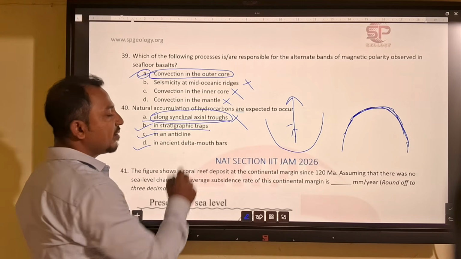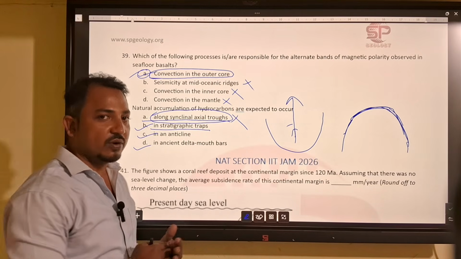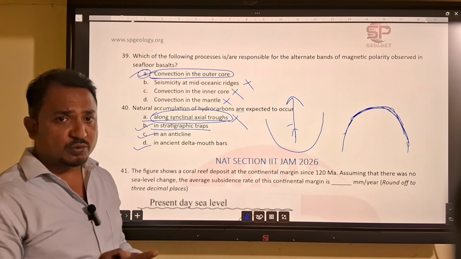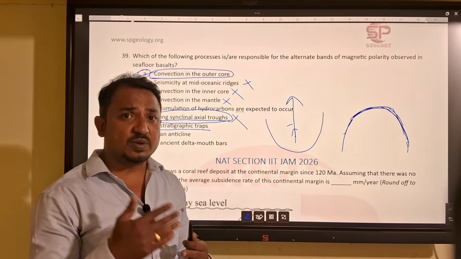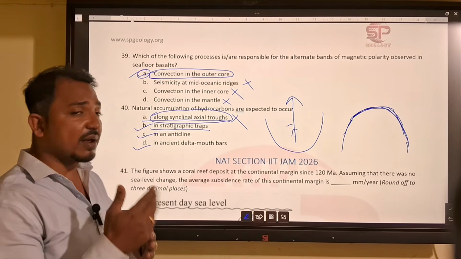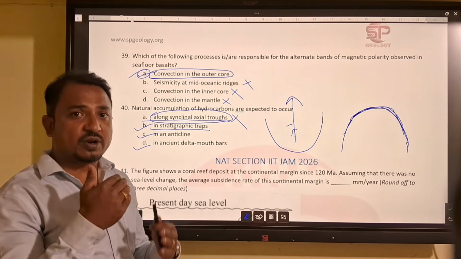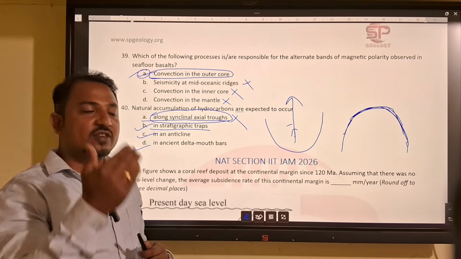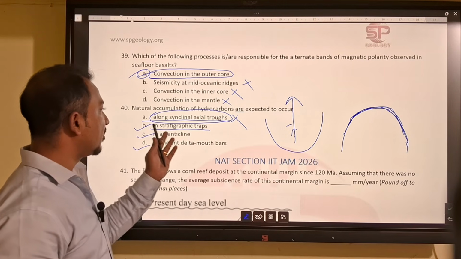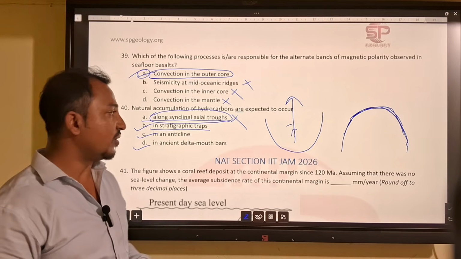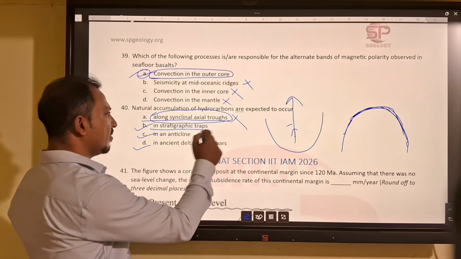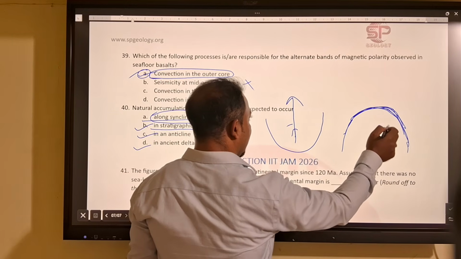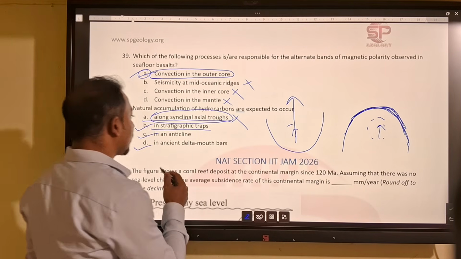Then stratigraphic trap. Stratigraphic trap means there are older and younger rocks, and an unconformity where you get paleosol deposition or clay deposition, which can trap petroleum. Petroleum trapping always requires an impermeable seal rock, which is possible in the case of this unconformity situation. In an anticline, if this is impermeable, then it can easily accumulate petroleum here.